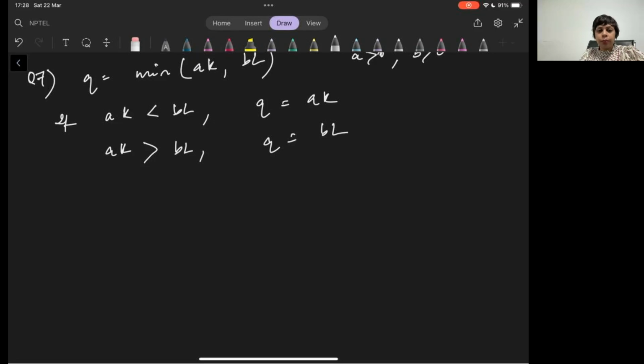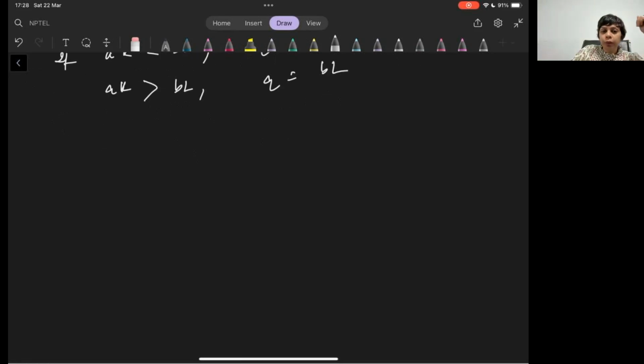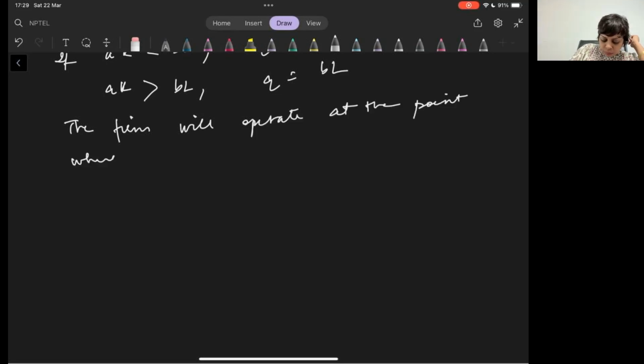It's a wastage for the firm. And the firm will ideally not want to do that because it has both the resources, but it's using only one. So the firm is always going to operate at the point at which AK is equal to BL. Okay. This was the main thing you had to understand or infer in this question, that it is going to operate at the point where AK is equal to BL.